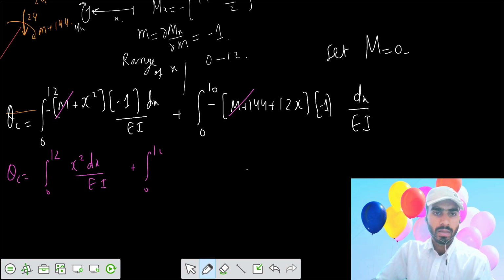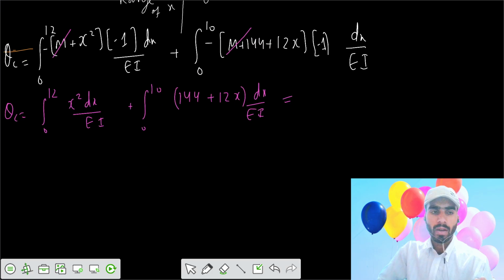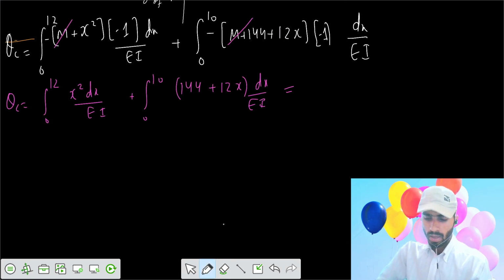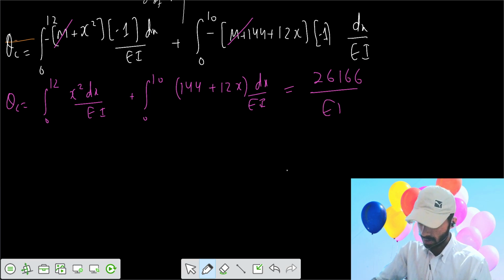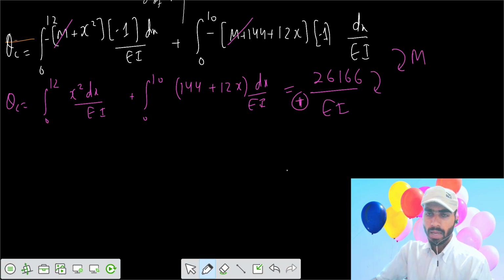When you solve it, theta C comes out to be 2616.9, that's 26166 by EI. That's positive. Positive means the direction of M you applied, clockwise, is the same as the theta developed at that point.